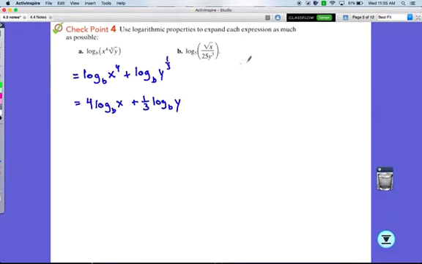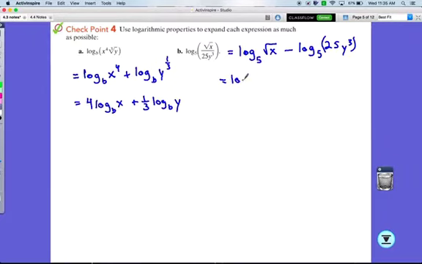And that's it. On b, I can break it apart since it's division into the log base 5 of the square root of x minus the log base 5 of 25 y to the 3rd. All right, I've got multiplication in that last one, so I can use that product rule.